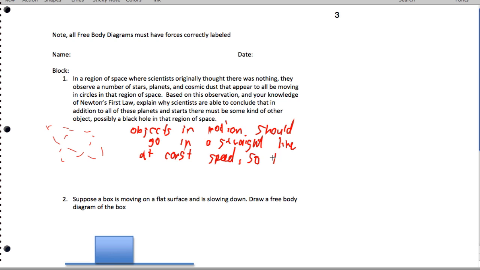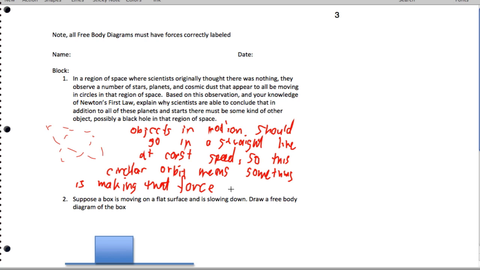So this circular orbit means something is making that force, even if we can't see it. And so what we conclude is some kind of disturbance like a black hole.